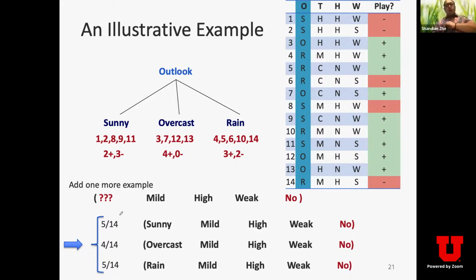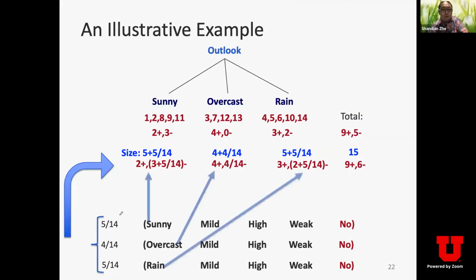And if we want to compute the information gain of using outlook to split on the data set, that means we're going to add each of these fractional examples into different subsets. So the first fractional example where the outlook takes sunny will be added into this sunny subset. The second one will be added into this overcast subset. And the third one will be added into this rain subset.